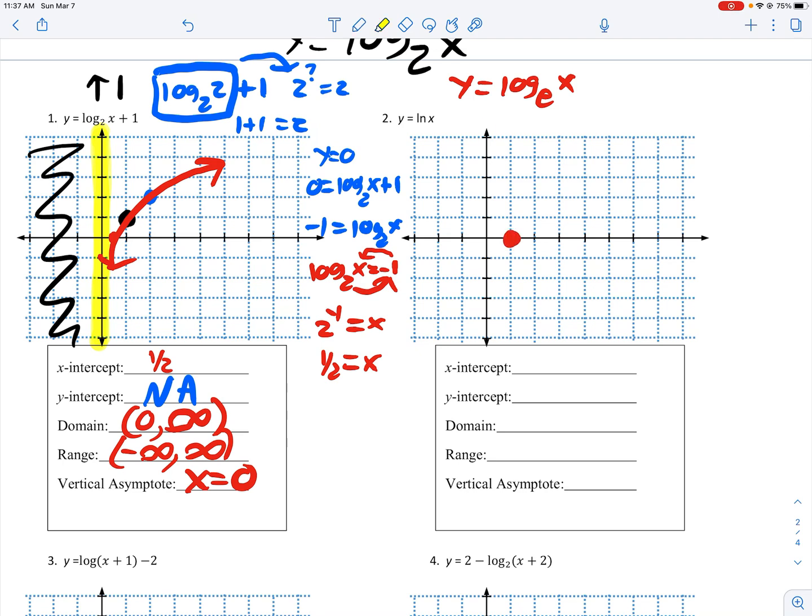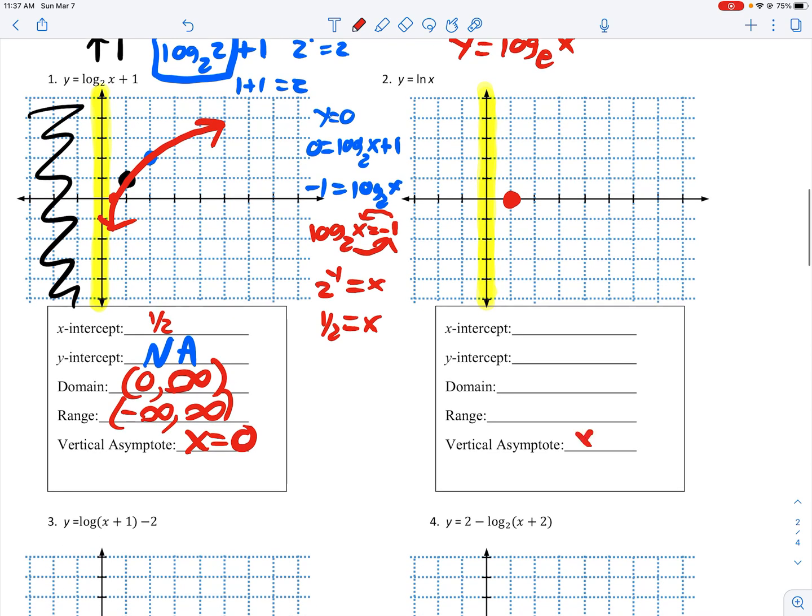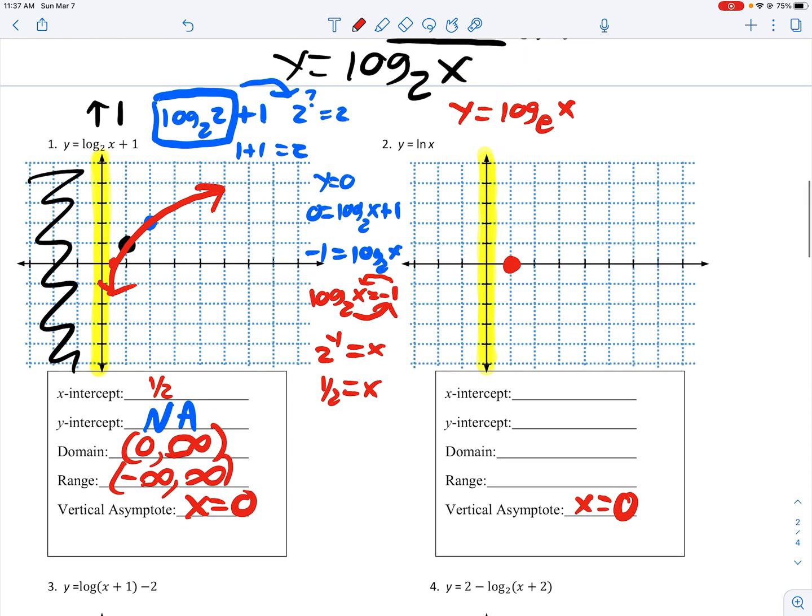It means you still have a vertical asymptote at 0. Right, so x equals 0. It hasn't been moved. All right, so we know the x-intercept, 1, 0, there's no y-intercept.